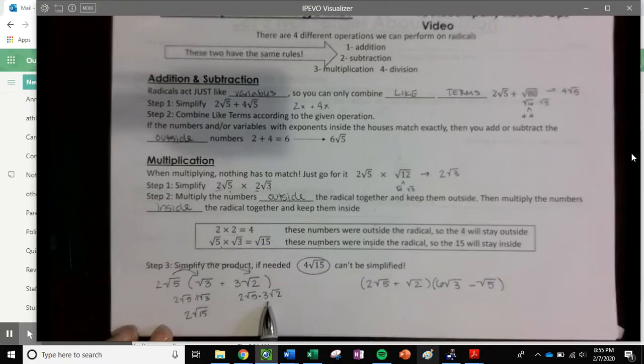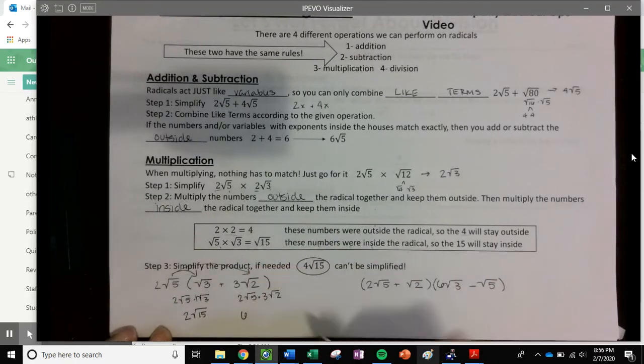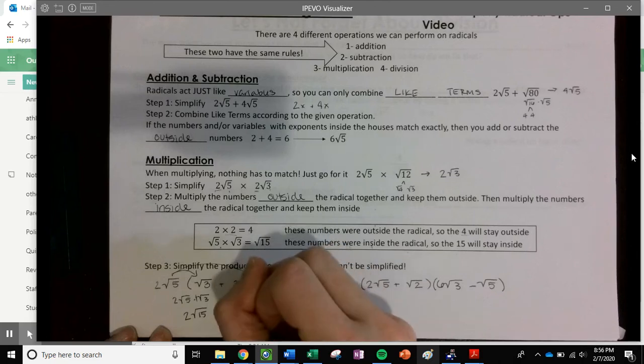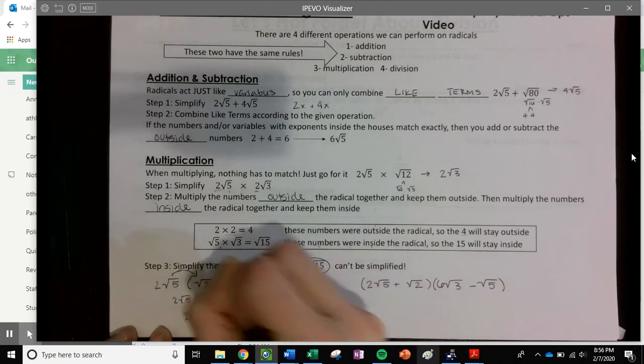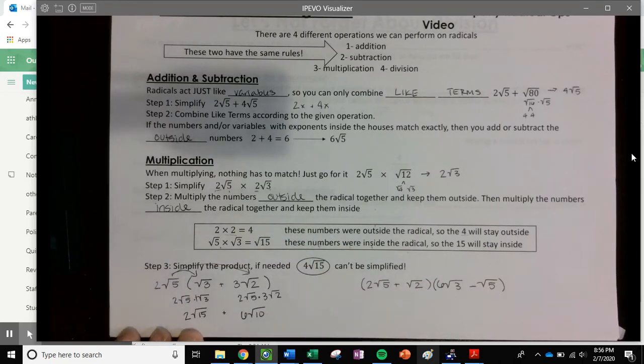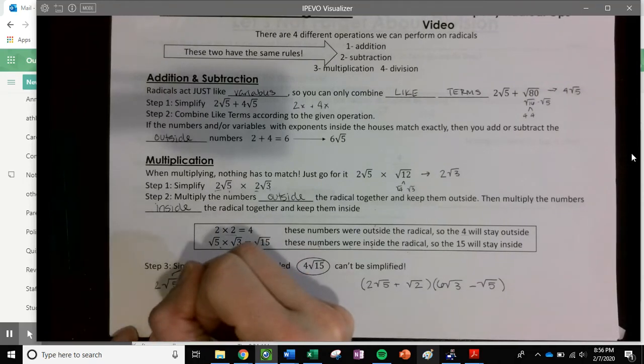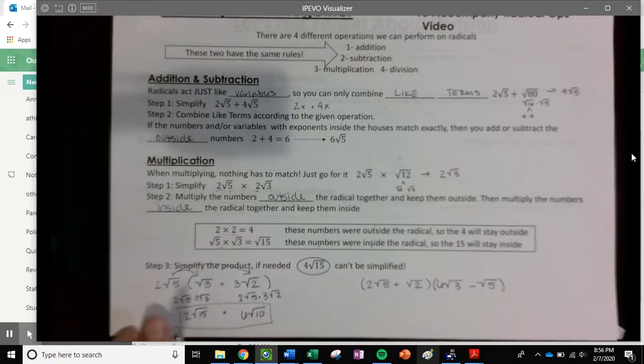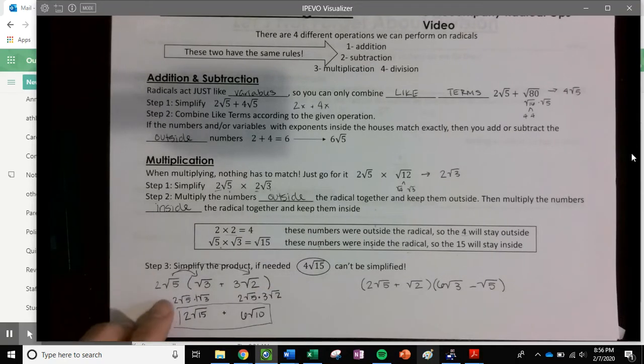So outies, 2 times 3, well, that gives me 6. 5 times 2, that gives me 10. So I'm left with 2 square root 15 plus 6 square root 10. I can't simplify either of those. So this is my answer for the original problem of 2 square root 5 times square root 3 plus 3 square root 2.